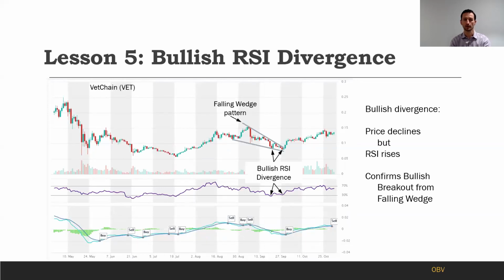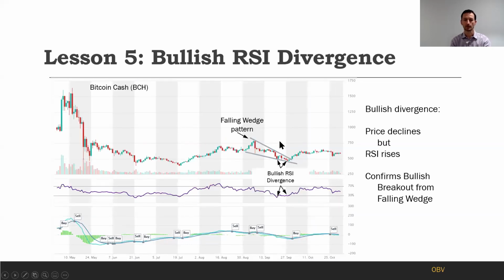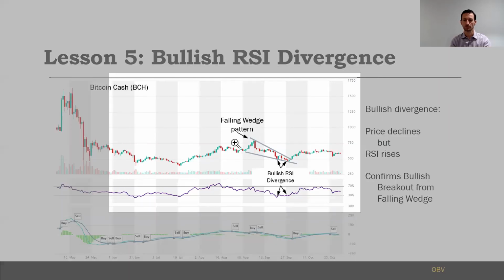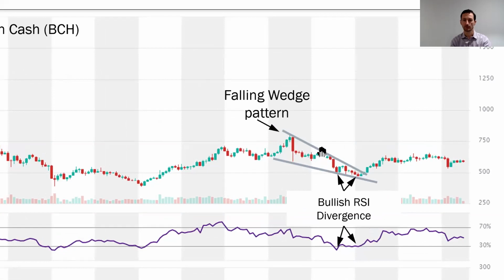So here is another one, Bitcoin Cash as well, a falling wedge pattern. Just a few more examples here. Again, another bullish divergence right here, a clear one. The price is down while RSI actually increased.